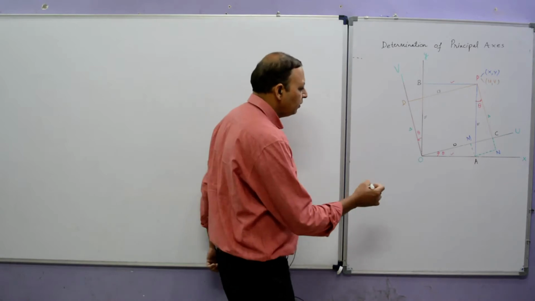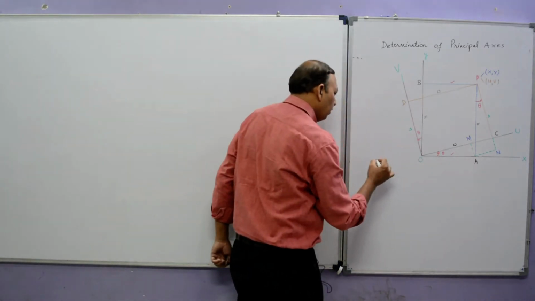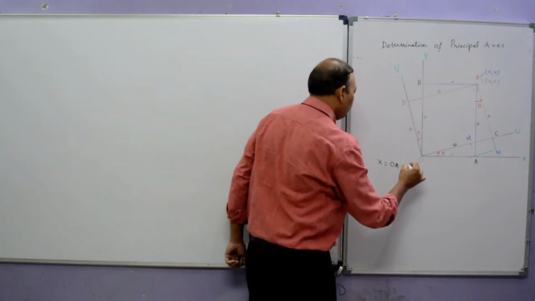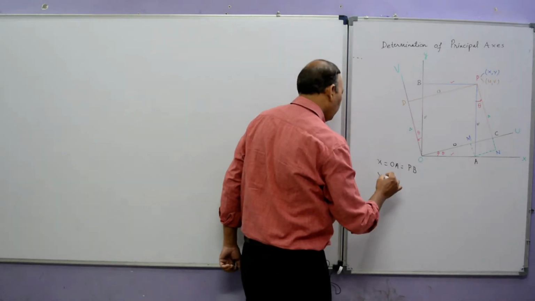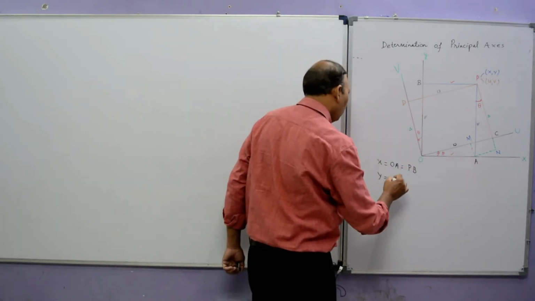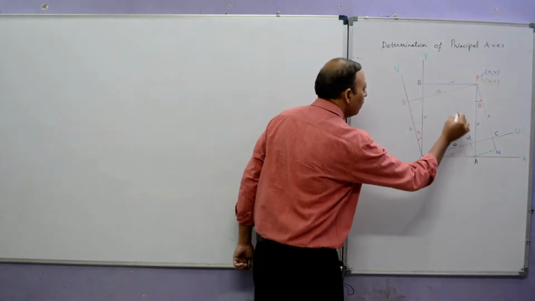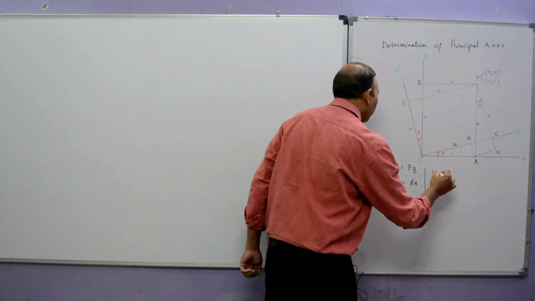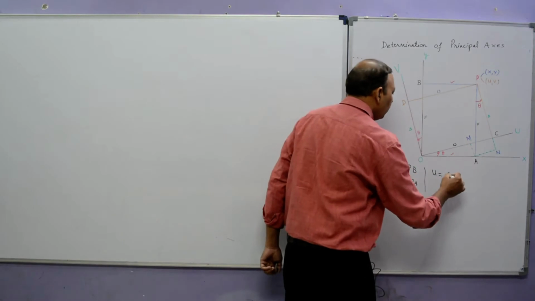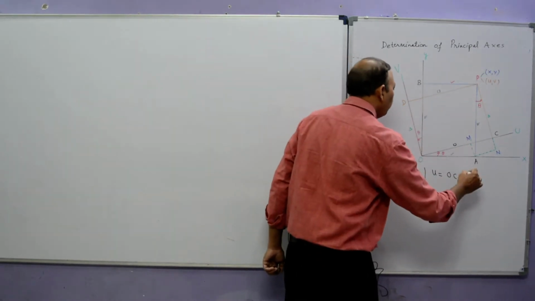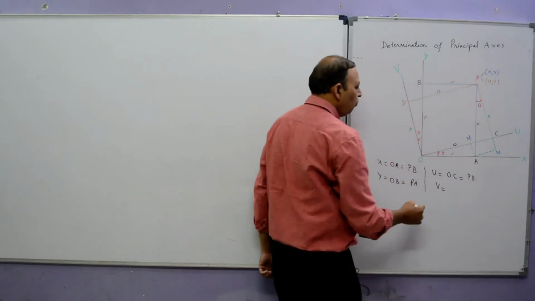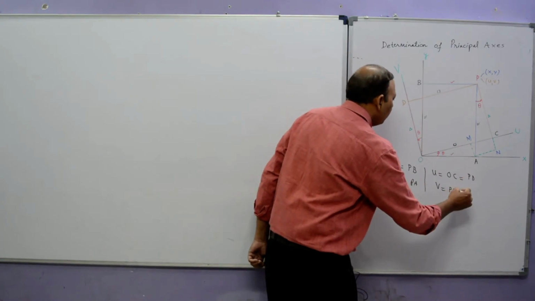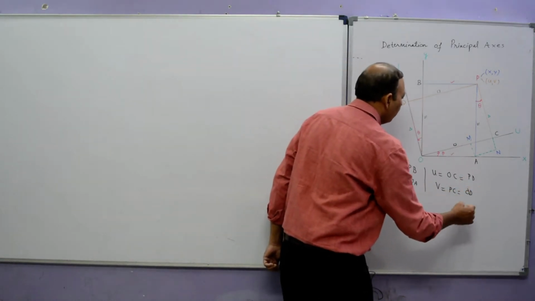Here we see that x equals OA, and this equals PB also, and y equals OB, and this equals PE, and u equals OC, and this equals PD, and v equals PC, equal to OD.